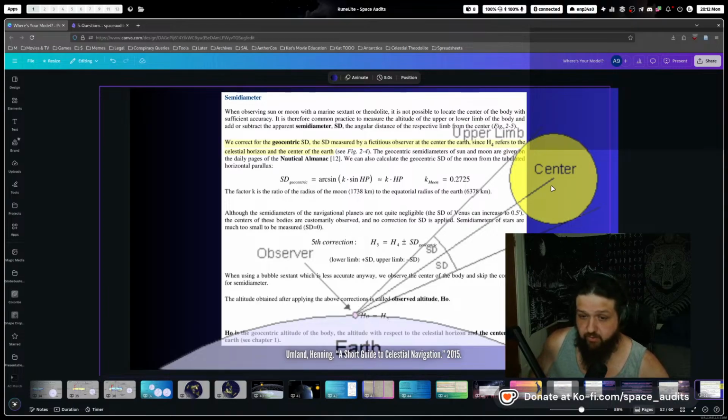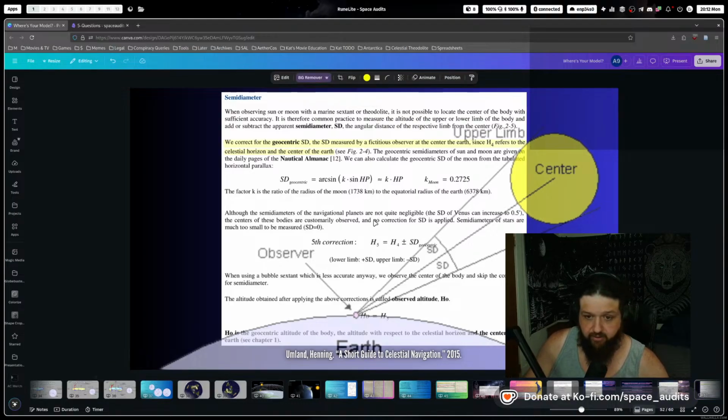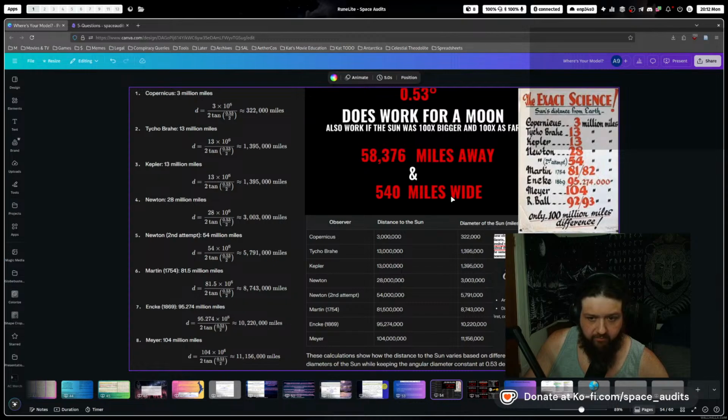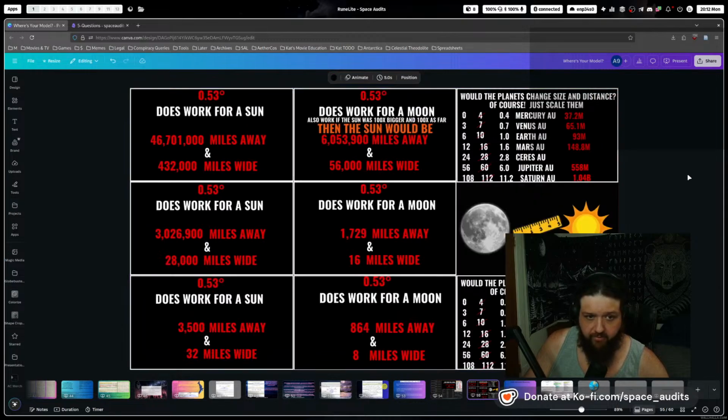But this is another instance where they take these two celestial bodies and they have a way to move them to the center of the Earth too, so that they could set everything up at this equidistant web using a ratio of Earth's radius and the assumed radius of the moon, which when you get into how that was derived, it's all just an apparent radius based off of the angular size, which is all we've ever had. So you could have this, as long as if the distance changes, the radius changes. So you could have these scale proportional and everything would still work out exactly as is and nothing would matter.